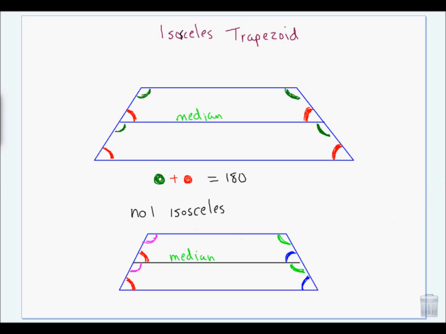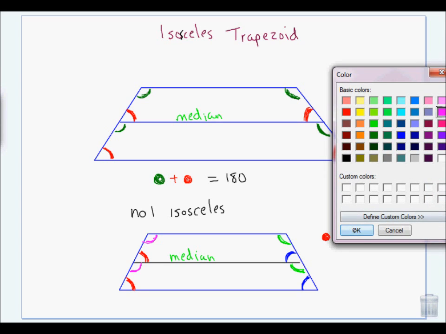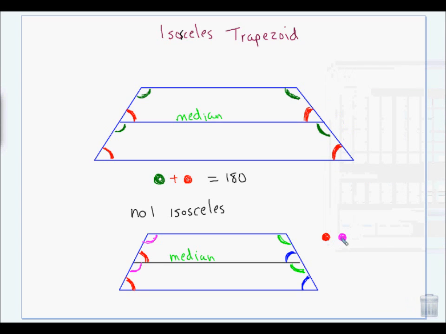And what you'd have over here is red and pink would equal 180. Or green and blue would equal 180.